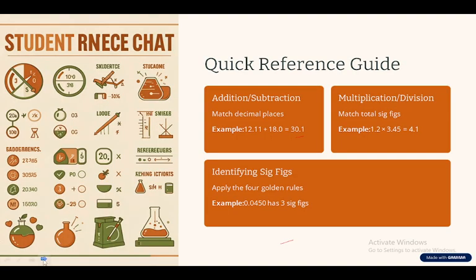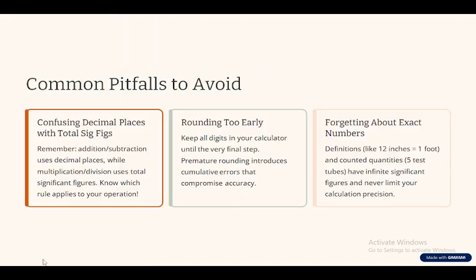The next one is common pitfalls to avoid. Confusing decimal places with total significant figures. Remember, addition and subtraction use decimal places, while multiplication and division use total significant figures. Know which rule applies to your operation. For addition and subtraction, use the lowest decimal places. For multiplication and division, use the total significant figures and take the least.